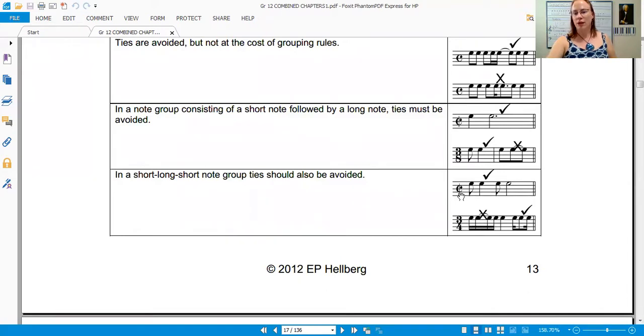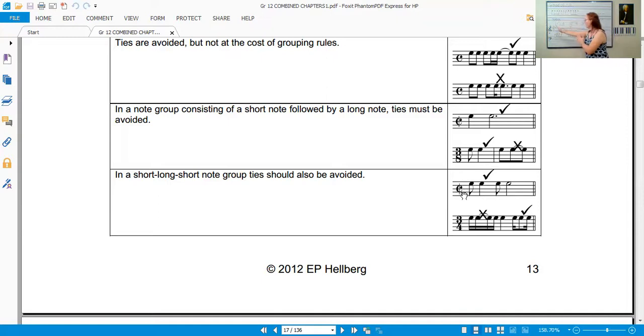So I have 2 minim beats in a bar there. So there's my beat 1. Within the beat, I split it up into a short and then a long and a short. And if you just bring it back to what we have on the board, it's like a mini version of what we had there.